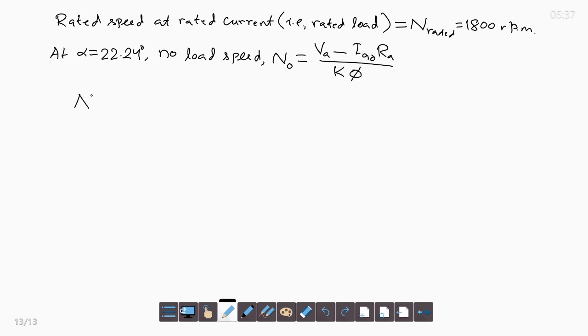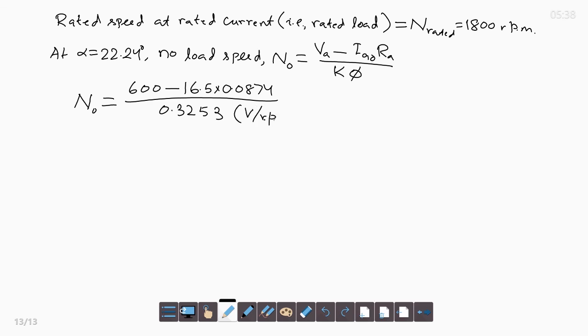V A is 600 because everything is rated, no load current is 16.5 and resistance is 0.0874, divided by K phi, which is 0.3253 volt per RPM, with the numerator in volt.